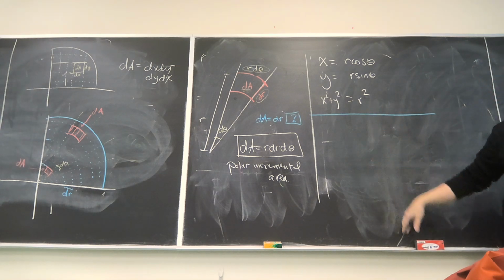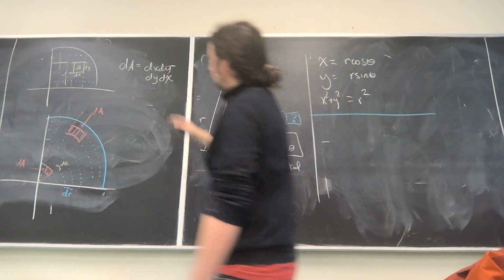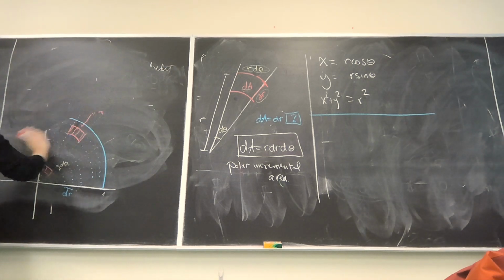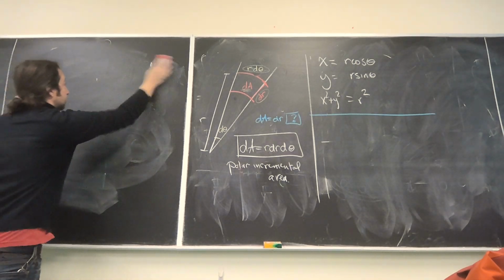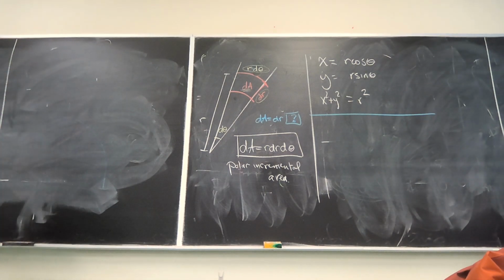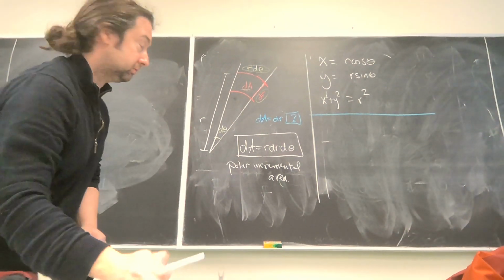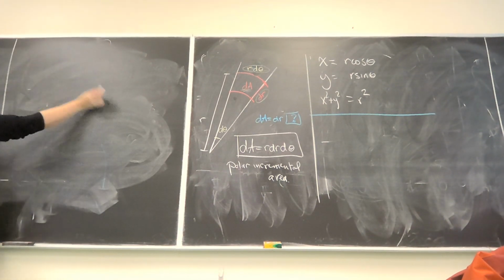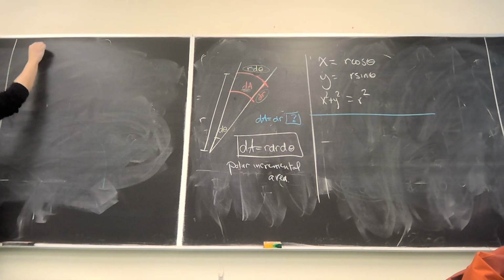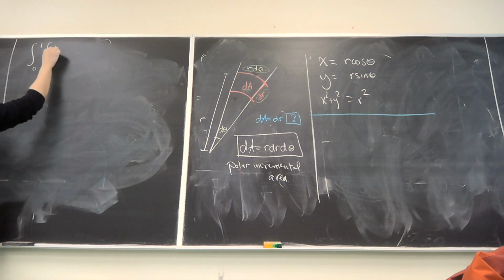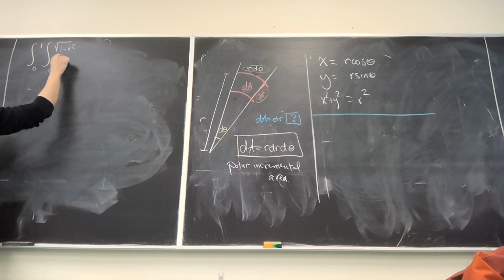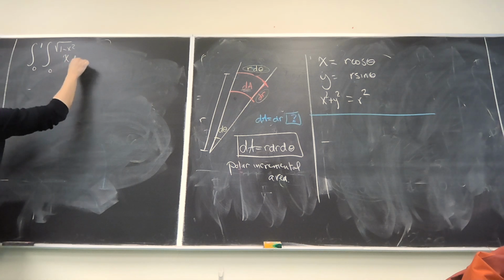So let's look at what that looks like in our particular case. That function that we started with, so I can show you what the process looks like. I think we started with the integral from 0 to 1 of the integral from 0 to the square root of 1 minus x squared of the function x dy dx.